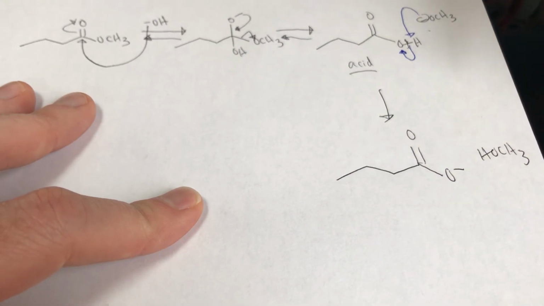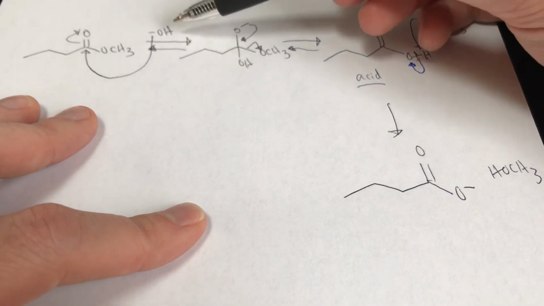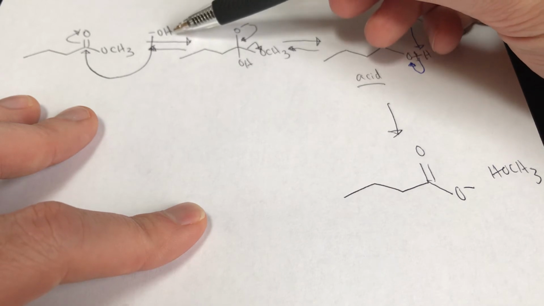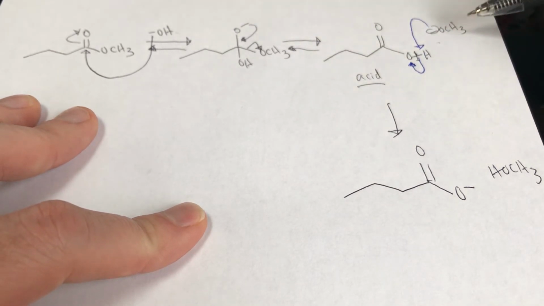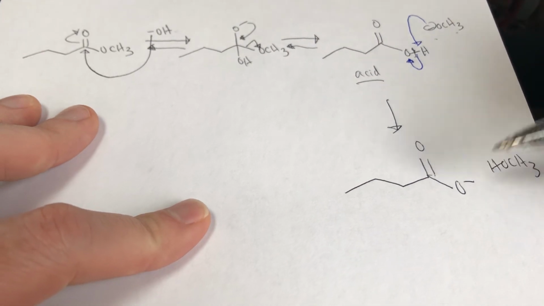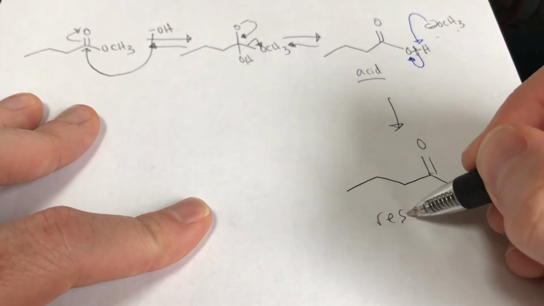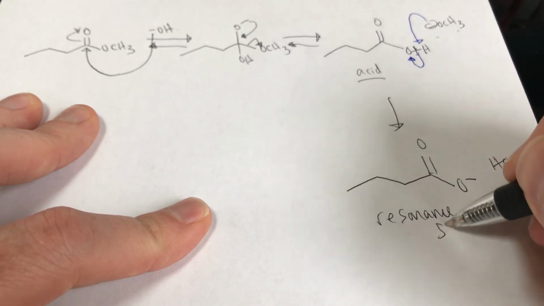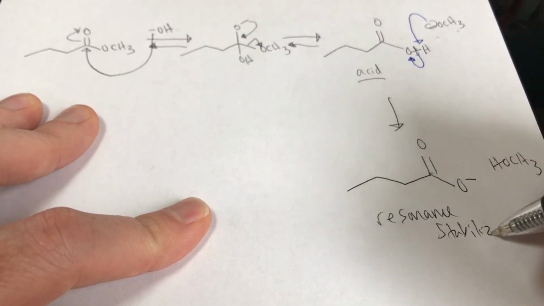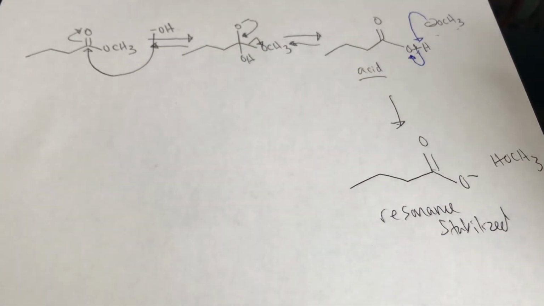So if we're comparing reactivity, hydroxide's pretty reactive, a good nucleophile and bad leaving group. This is kind of middle of the road. This is more resonance stabilized, and that allows this reaction to move forward.